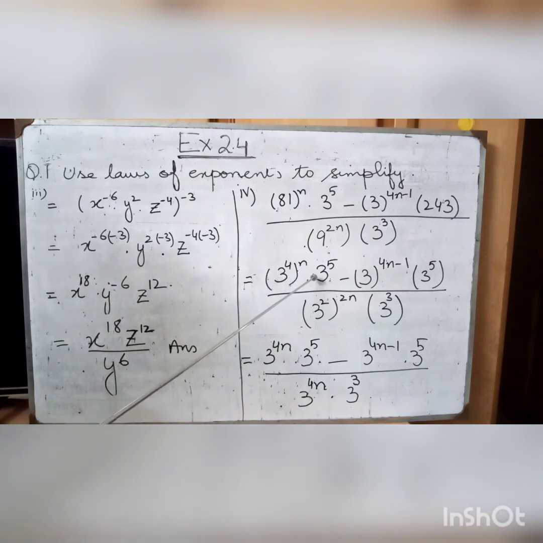So after simplification, we have this expression. Then we have 3 raised to power 4 into 3 raised to power 5, minus 3 raised to power 4 and minus 1, 3 raised to power 5 over 3 raised to power 4, and into 3 raised to power 3.